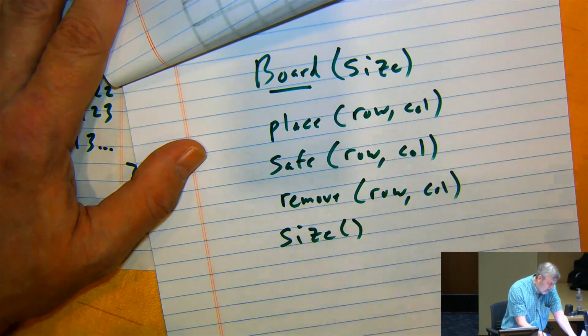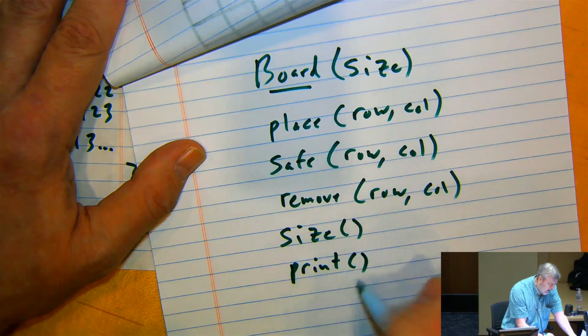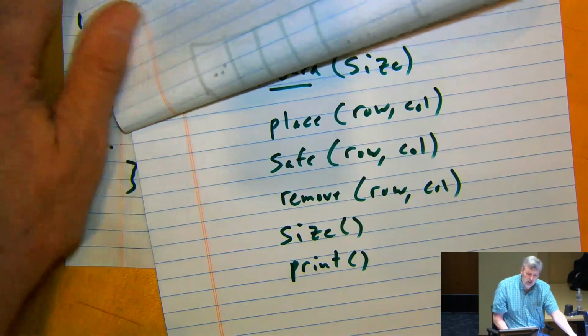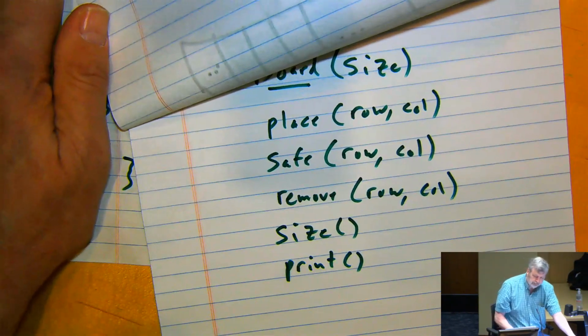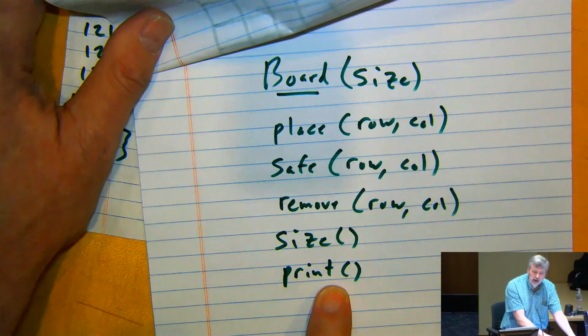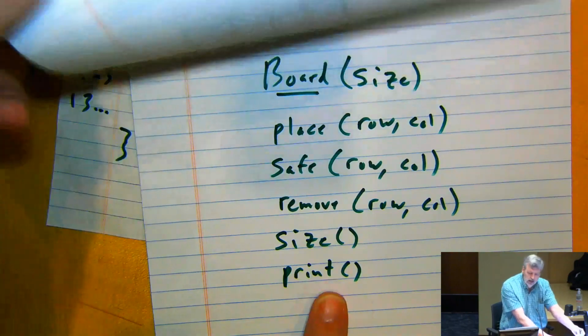And as some way to see where the queens are placed, I decided to just have a simple print command that would print out the positions of the queens at any given point in time. So I have a board class that has these methods. I'm going to show you a little something with it in a second. And this is what we can use then to solve the problem.